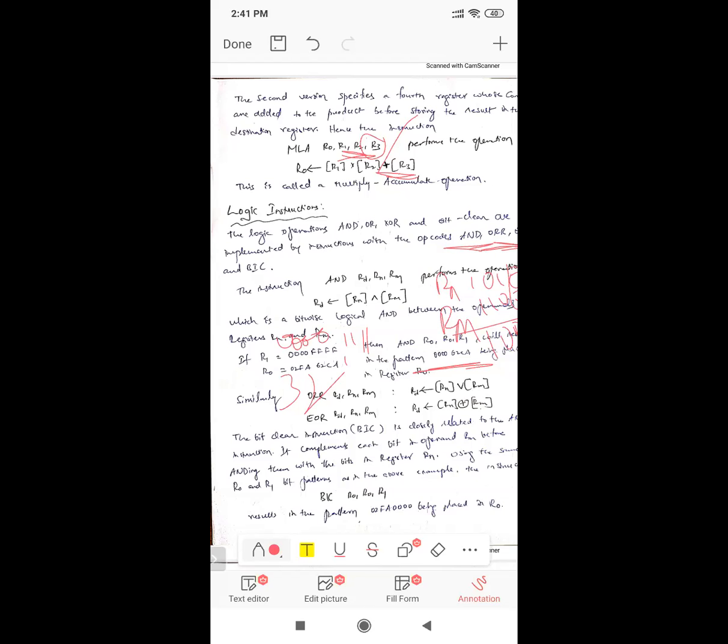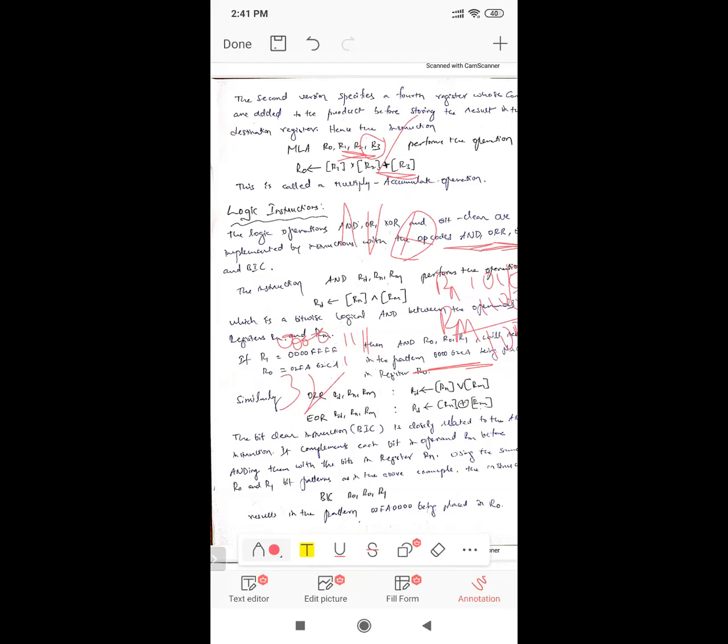The down arrow is for the OR operation and the up arrow is for the AND operation. XOR, simply the symbol, you already know. Rn and Rm both are XOR operated, and the result is transferred to the Rd register.